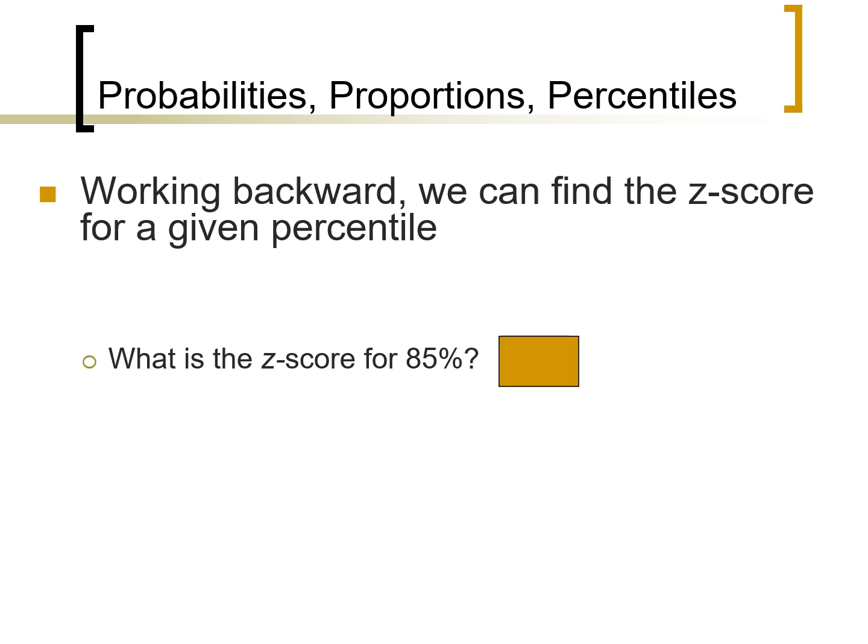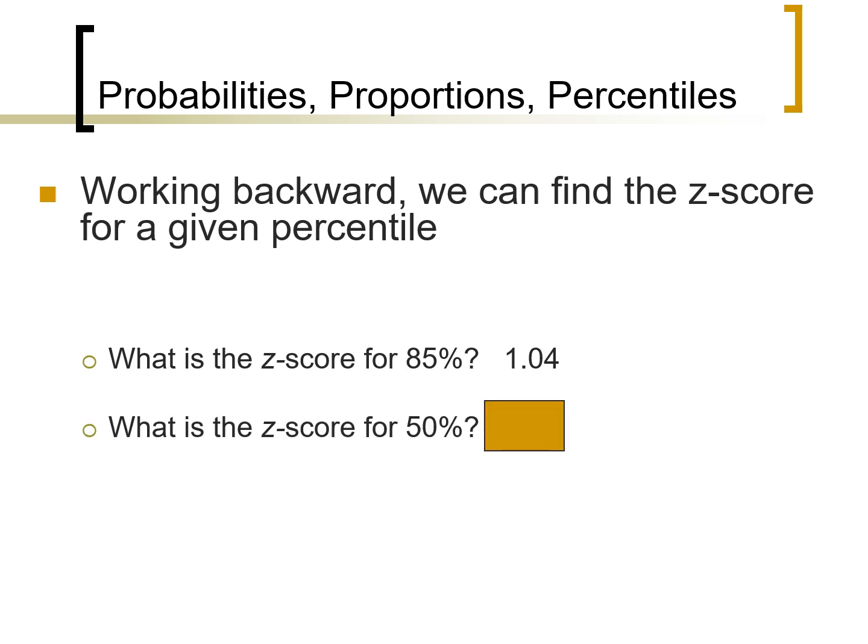It doesn't list it in percents, but what if we convert that percent to 0.85? So what we need to find is proportion in the body, that column in the normal table, and find the one that gets to 0.85 and then get the z-score for that. And we find out that the z-score is 1.04.